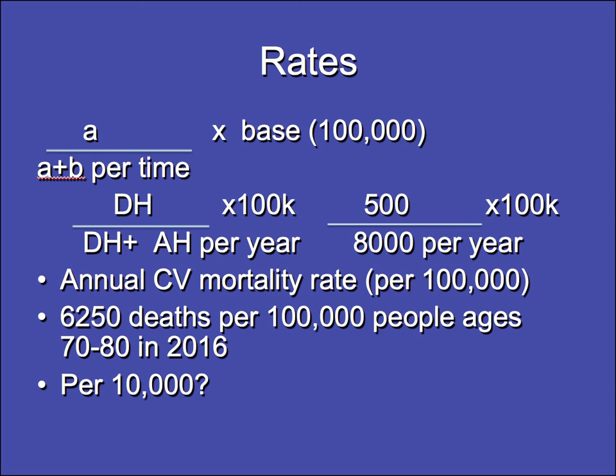We take 500 divided by 8,000, and then we multiply that by the per 100,000 people, and we get 6,250 deaths per 100,000 people. And let's say we had surveyed people that were between 70 to 80 in the year 2016. Now you can change this number per 10,000 just by moving the decimal place by 1.